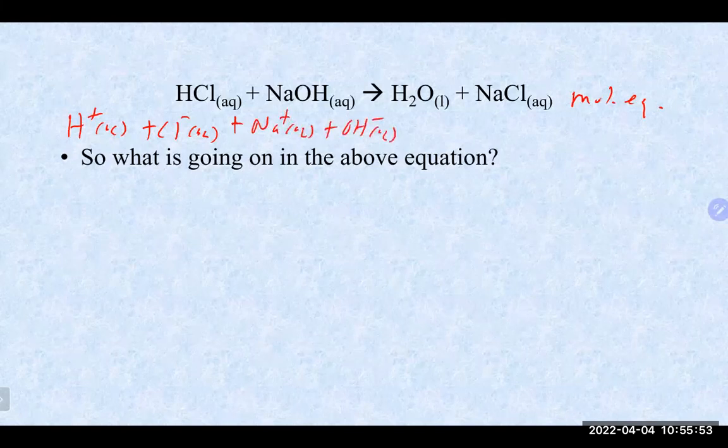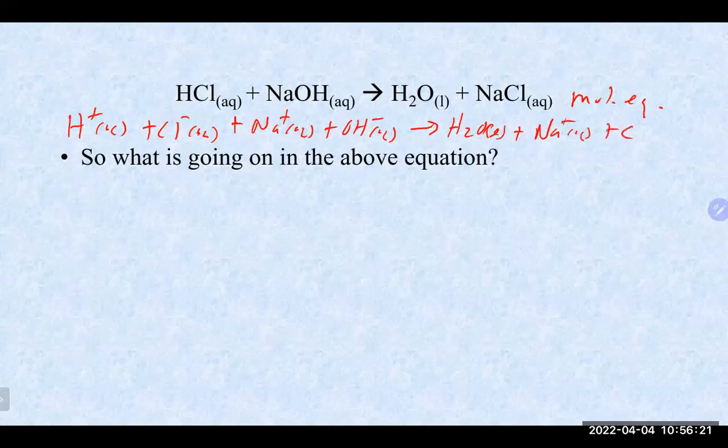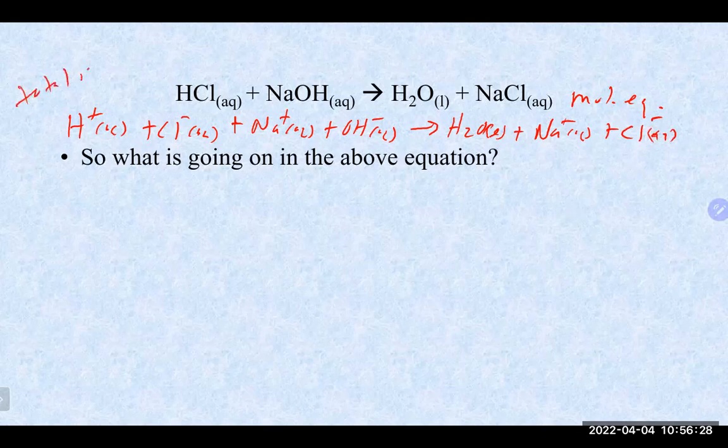As we talked about before, in a total ionic equation there are a few things we do not break apart: solids, liquids, gases, or weak electrolytes. So our water stays together as a pure liquid, but our sodium chloride is a strong electrolyte, so it breaks apart into sodium ion and chloride ion. And this is our total ionic equation.